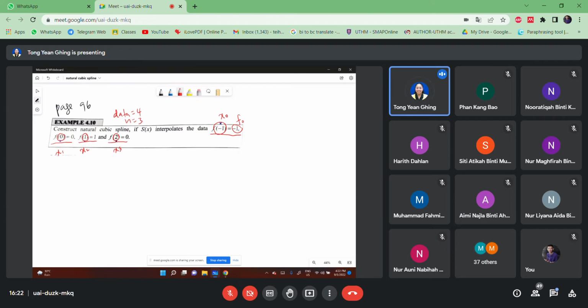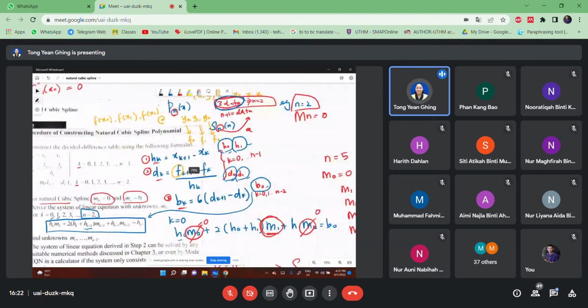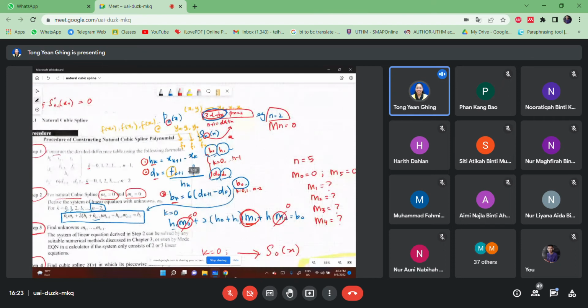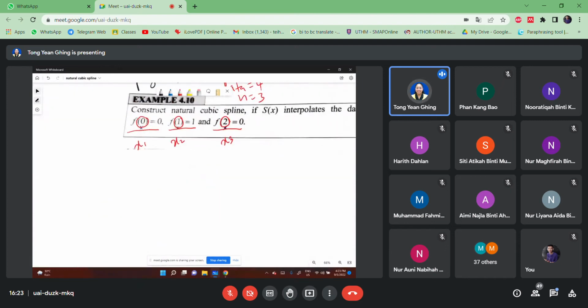Okay, so we start with, just now, step 1. Tadi, kalau tengok step 1, we have to construct the divided difference table. Okay, so step 1 here.